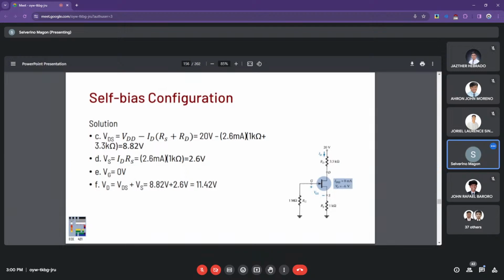So it's on IDQ. And for the VD, again at Q point, we just add these two things, VDS and VS, at 11 volts.